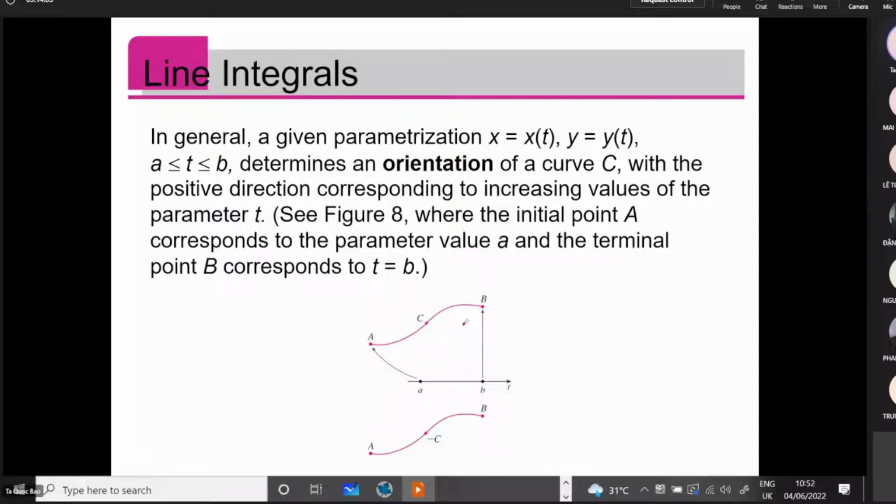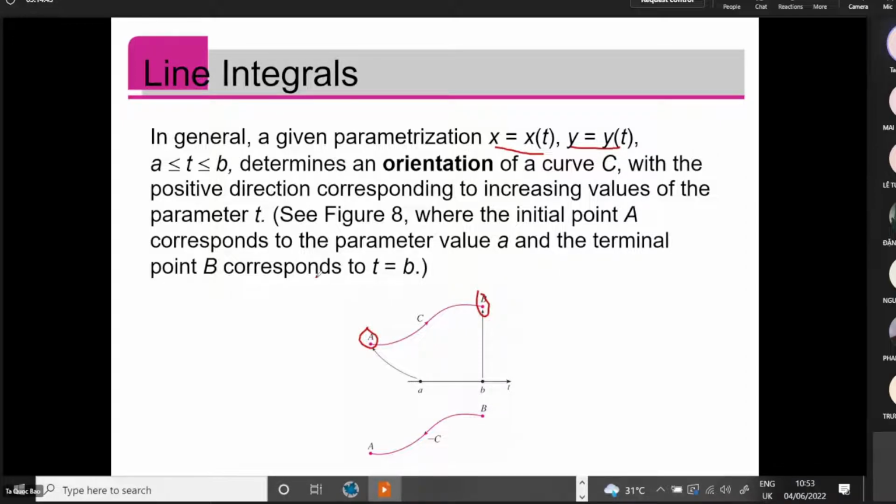Now in general, given the parameterization x equal to x(t) and y equal to y(t), for t from a to b, when t equals a we get the point A, and when t equals b we get the point B. Because t goes from a to b, we move on the curve from point A to B. Understand?